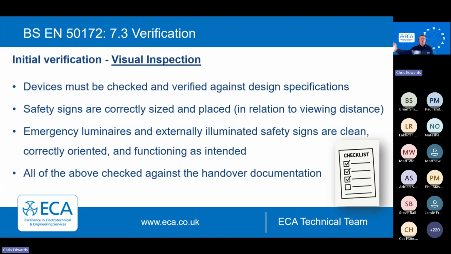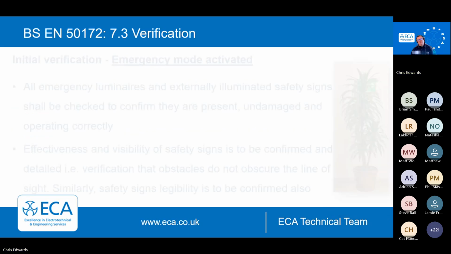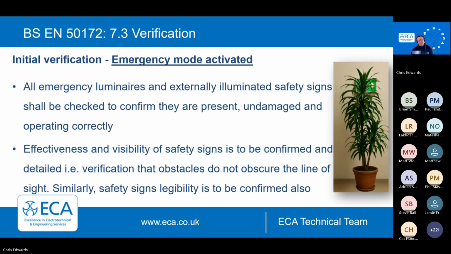We need to do a visual inspection once we've installed our system to make sure that it meets our design specification. Everything's in the right place. They're illuminated, they're clear, they're not obscured, etc. And then once we've done that, we need to activate the emergency lighting, and we need to verify it again, of course.